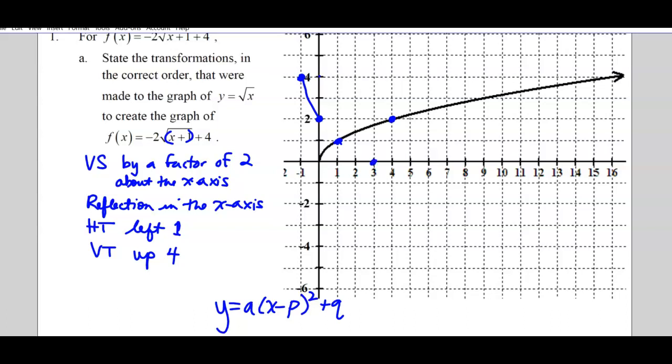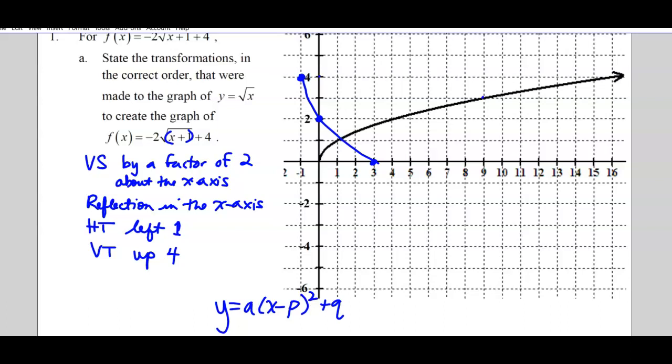I'm just going to erase that, and another nice point here, 9, 3. 3 times 2 is 6. Reflect is -6.